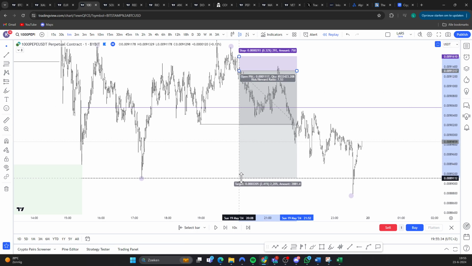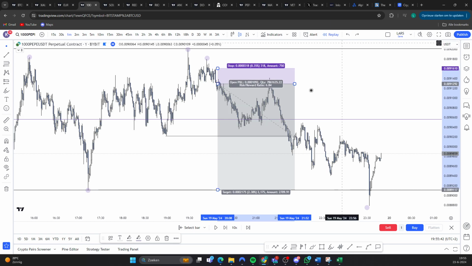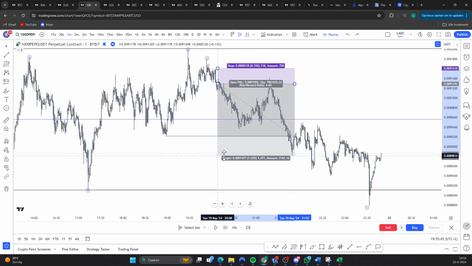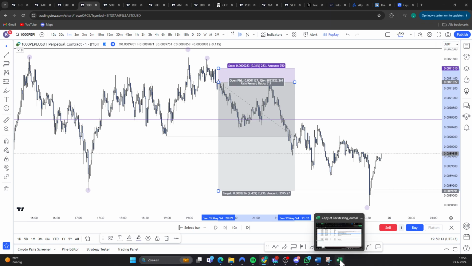From 5.5 to 7.9. 7.9 minus 5.5. That's a 2.4% extra gain over 25% still running, meaning we have a 0.6% extra gain.